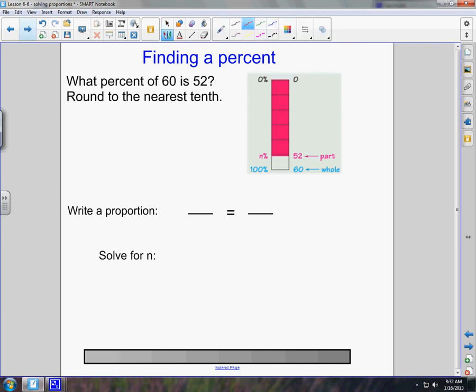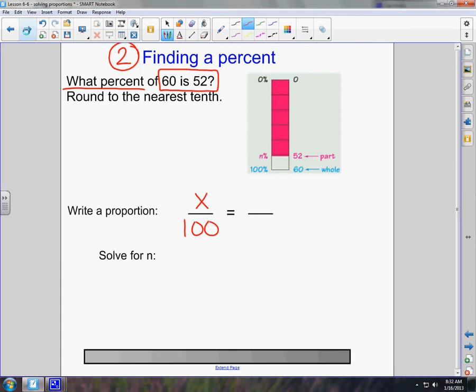This is the second type of problem, finding a percent. In this one, they don't give us a percent. It says, what percent of 60 is 52? So I'm going to write an X over 100.